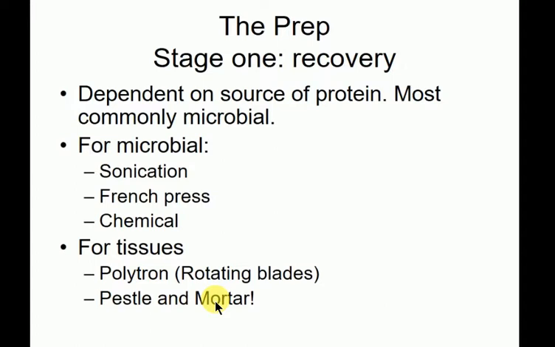Imagine you've got raw tissue, you drop it into liquid nitrogen, you essentially vitrify it, and then you bring it out, put it into a pestle and mortar and grind it. You've reduced it to a dust, basically. You've been able to break that tissue into its component parts. That sounds pretty low-tech, but it's actually quite effective.